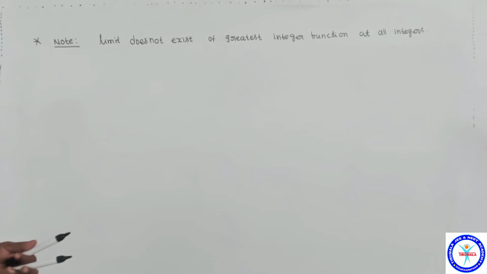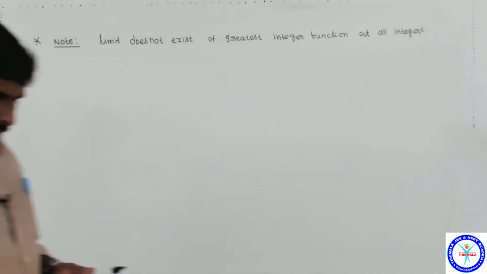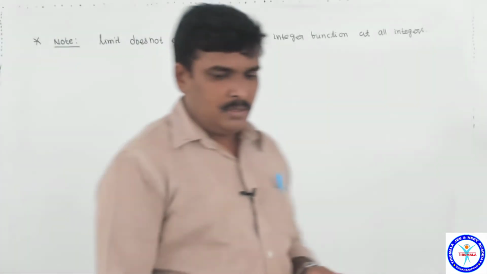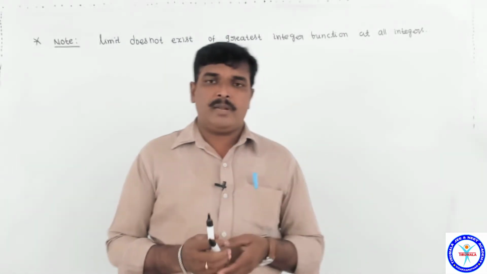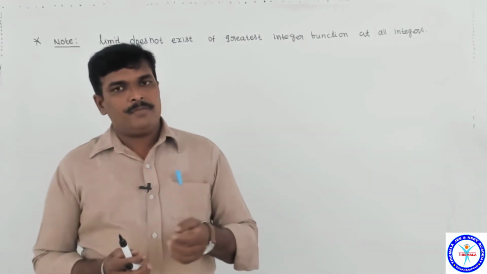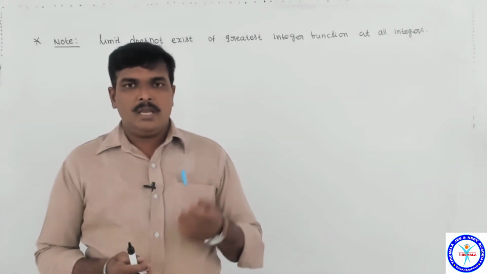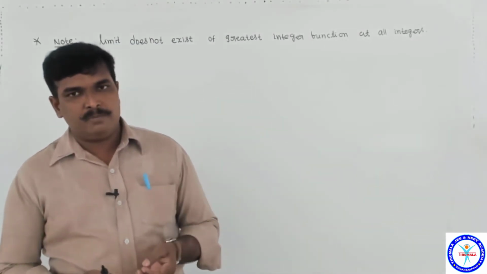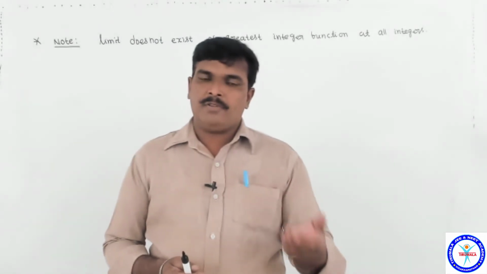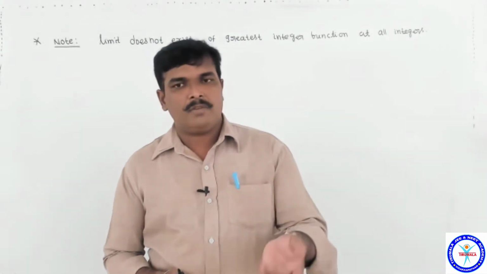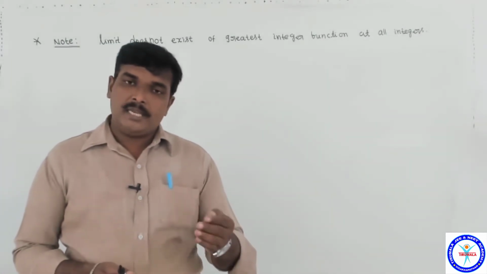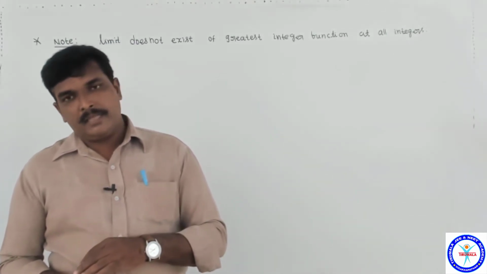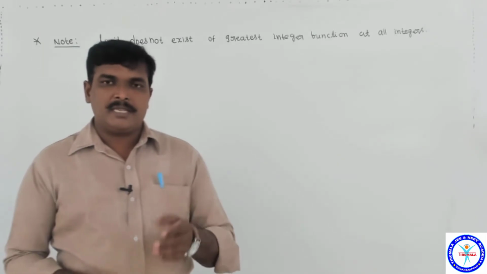Next, in the limits concept, we already learned some trigonometric formulas: sin of a plus b, sin of a minus b, cos of a plus b, cos of a minus b, tan of a plus b, tan of a minus b, cot of a plus b, cot of a minus b, sin 2a, cos 2a, tan 2a, sin 3a, cos 3a, tan 3a, sin c plus sin d.